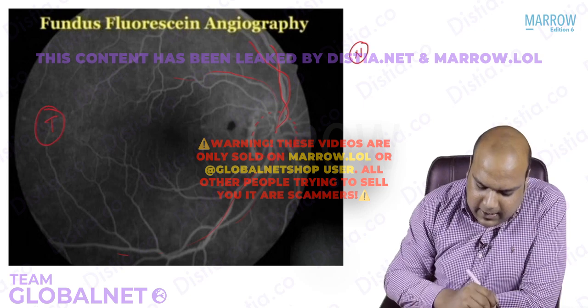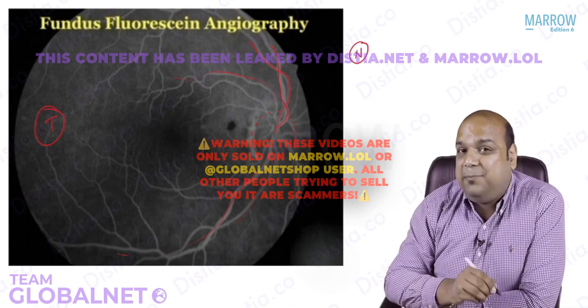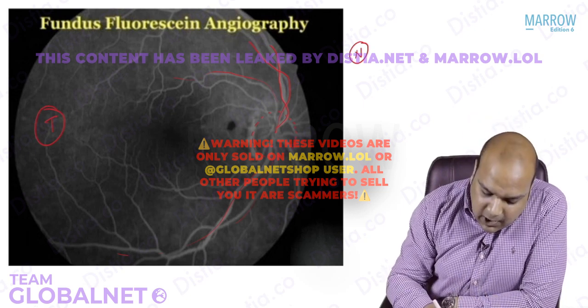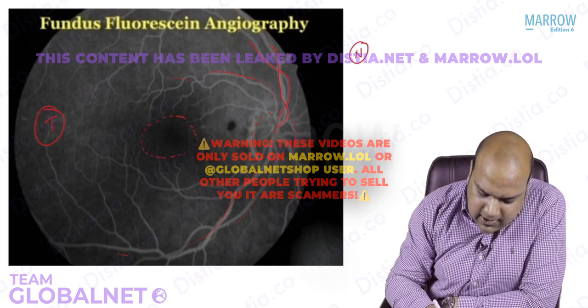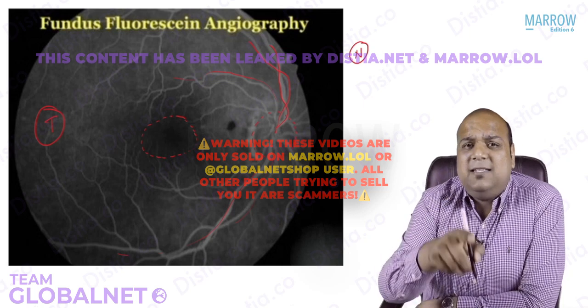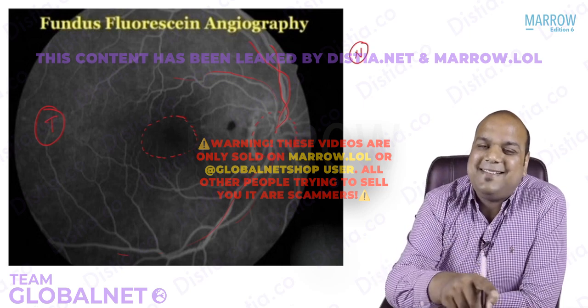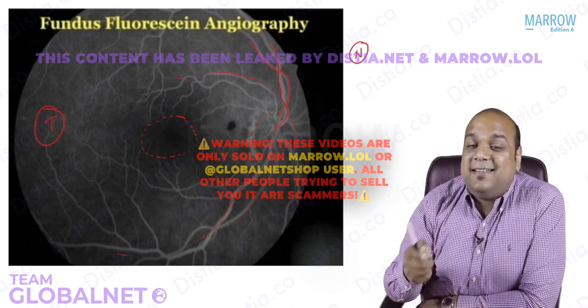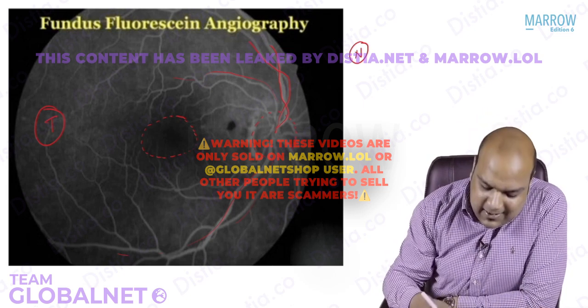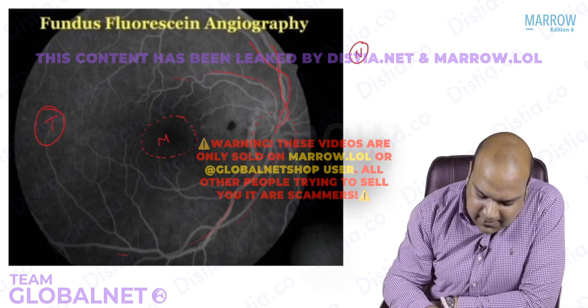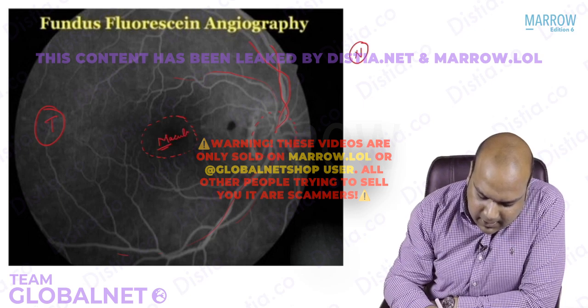We know that arcade is formed on this side, so this must be the temporal side. Yes. Now in the temporal side, we see an area in the center which is dark. Why is it dark? Because there are no blood vessels. Because there are no blood vessels here, this is foveal avascular zone. So there is no dye, and because there is no dye, this is dark. So I can say basically I am looking at my macula.